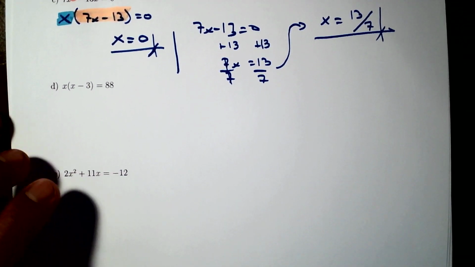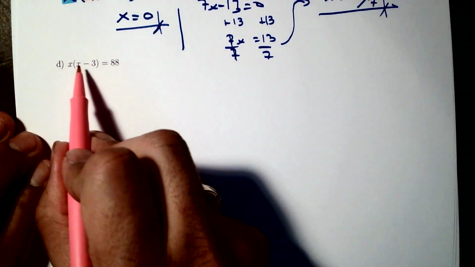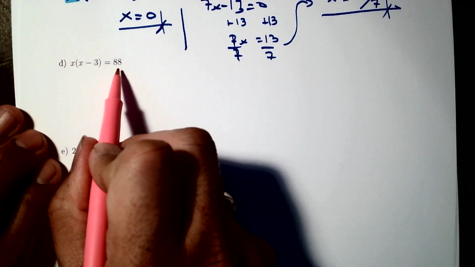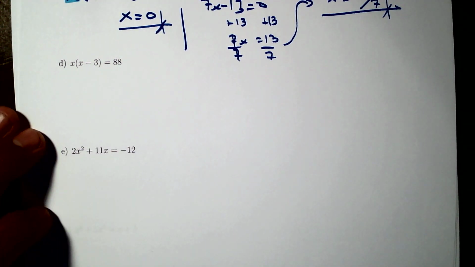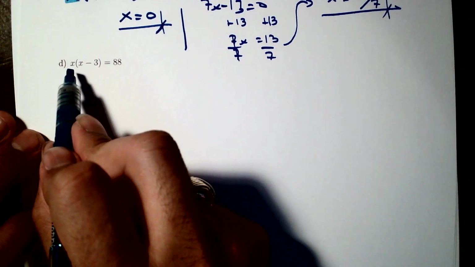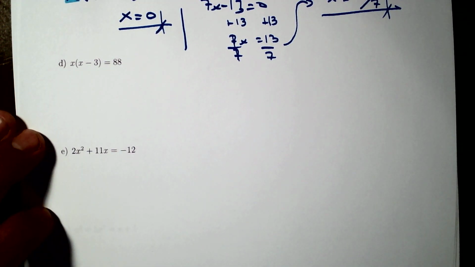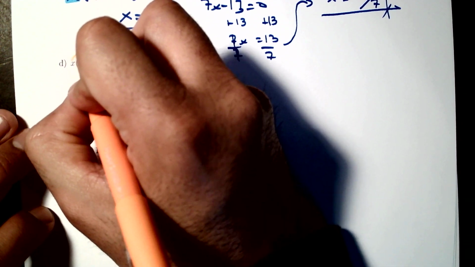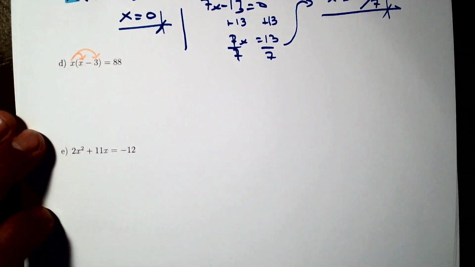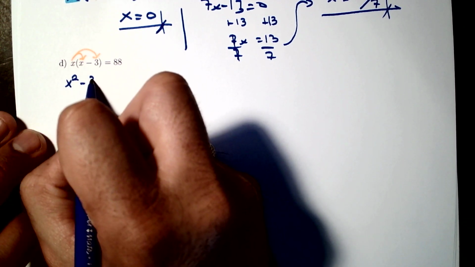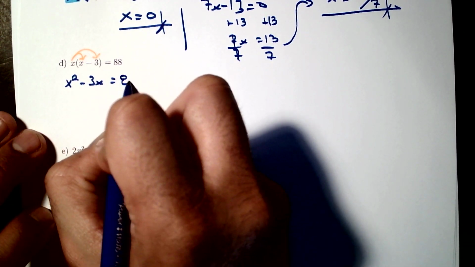Alright, what about an equation like letter D? Well, this equation is really messy. We need to have everything on one side of the equation, but first we need to clear the parentheses, and we get that by using the distributive property. So that's going to give us x times x, that's x squared minus 3x equals 88.